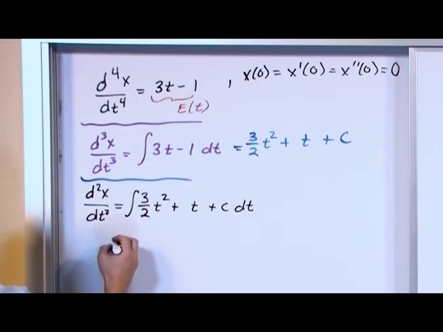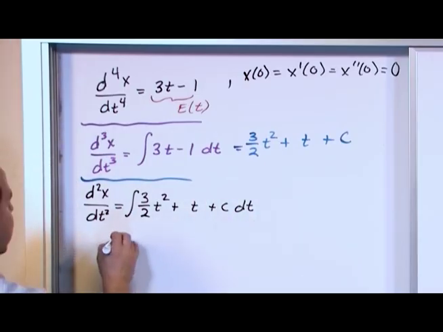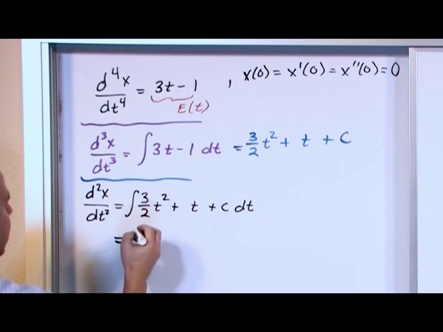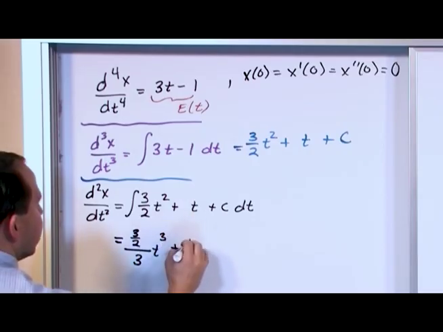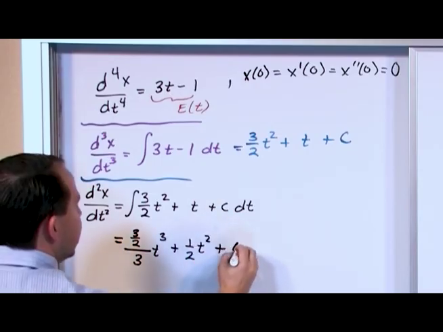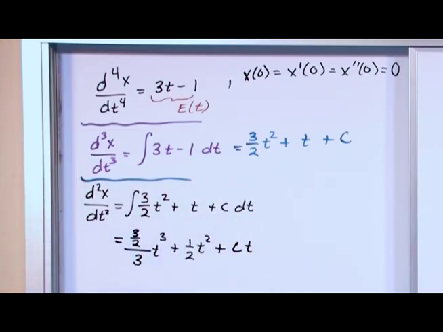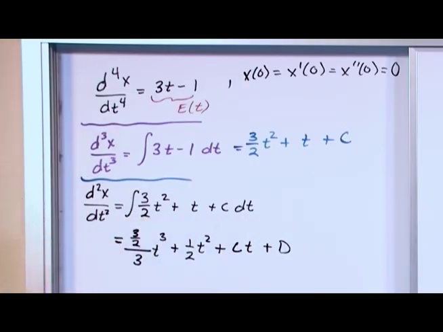Okay, so this is going to equal, it's probably better to do it on the next line here. So we'll do integral of this polynomial. 3 halves is the constant out in front, over, raise this one more, which is 3, t cubed, plus integral of this, 1/2 t squared, plus integral of this, c times t. But don't forget, you have another constant of integration you have to tack on to the end.